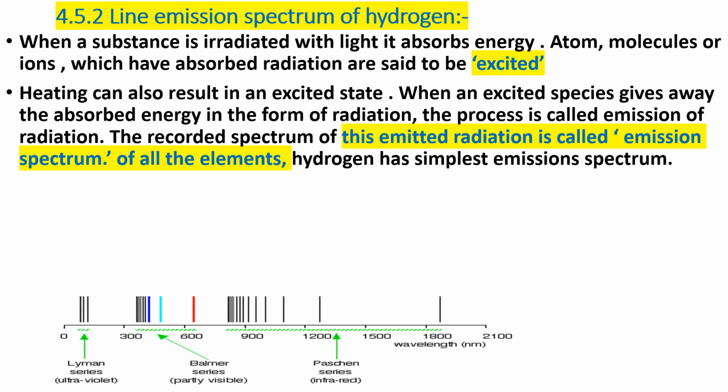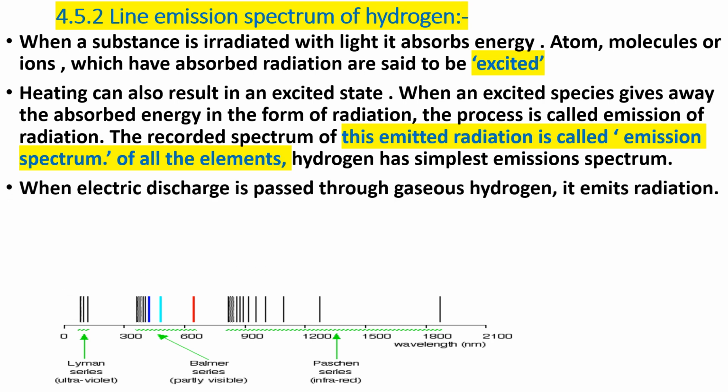The recorded spectrum of this emitted radiation is called the emission spectrum of the elements. Here, a simple example: hydrogen has the simplest emission spectrum. When electric discharge is passed through gaseous hydrogen, it emits radiation.